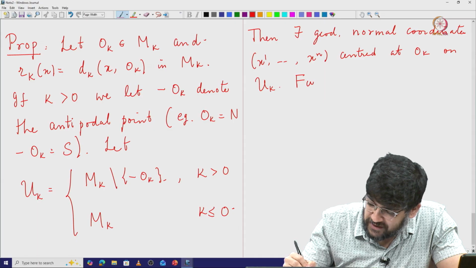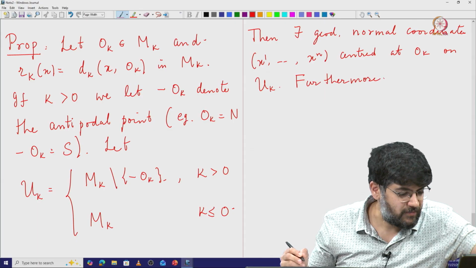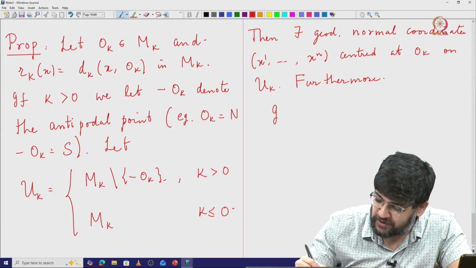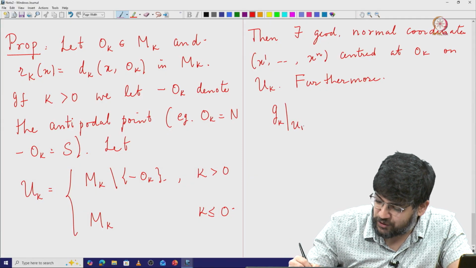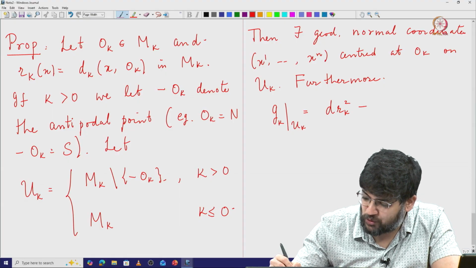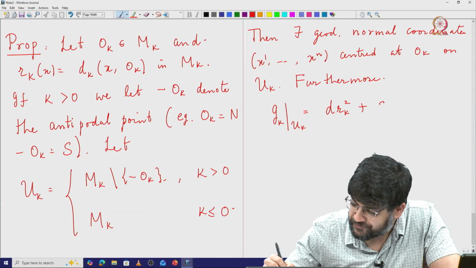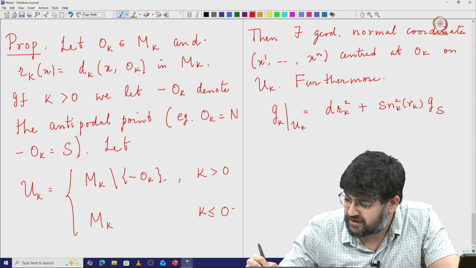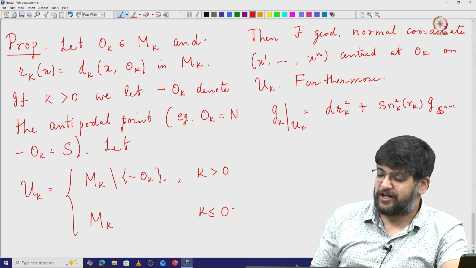And furthermore, this is the key point, I have the following polar coordinate expression of the metric. So, restricted to this geodesic normal coordinate, this looks like d R kappa squared plus this generalized sine function applied to R kappa, squared, times the metric on the sphere.